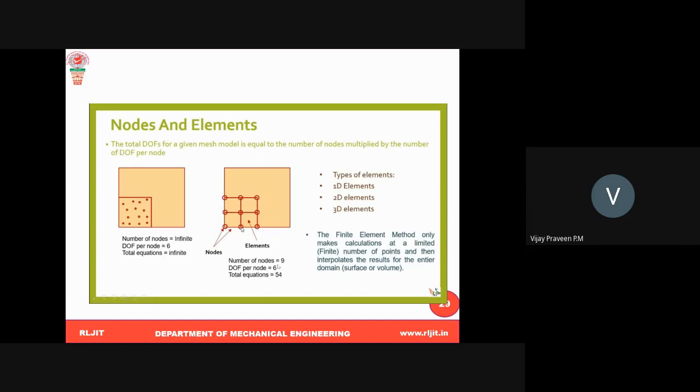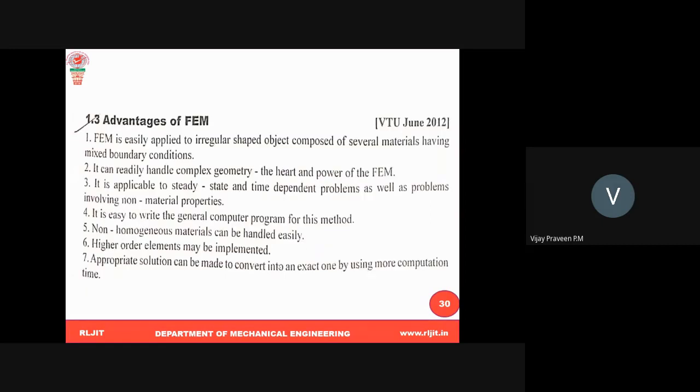Any others? So let me see. FEM is easily applied to irregular shapes. That means any complex shapes, complex loading, complex boundary conditions, we can easily apply. It can readily handle all types of complex geometry.